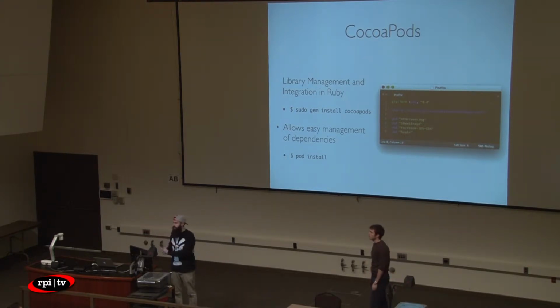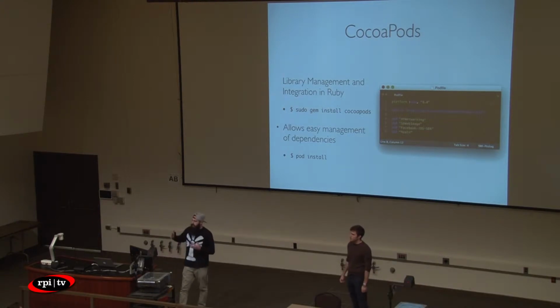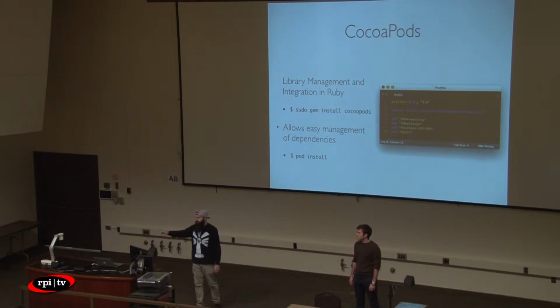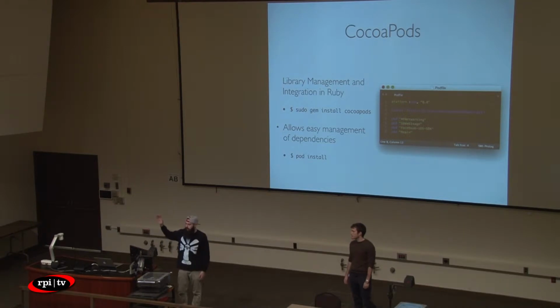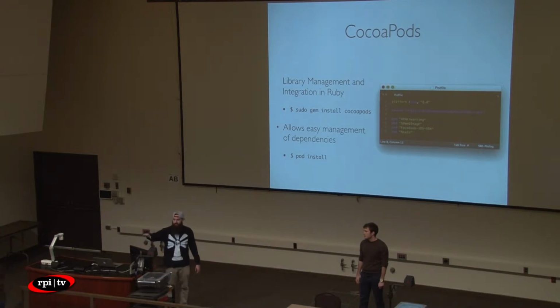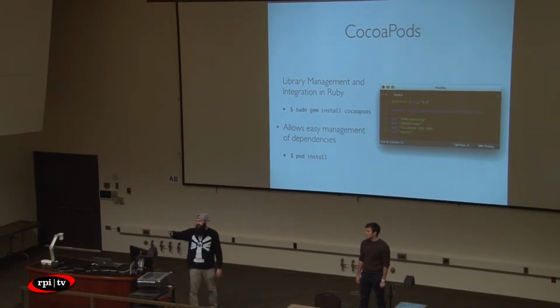They're called pods. So simply installing CocoaPods, one line, sudo gem install cocoapods, done. You have CocoaPods. Now you make your pod file inside of your project folder, and you hit pod install, and you're done. Everything that's in your pod file, just like this, gets installed and implemented into your project.